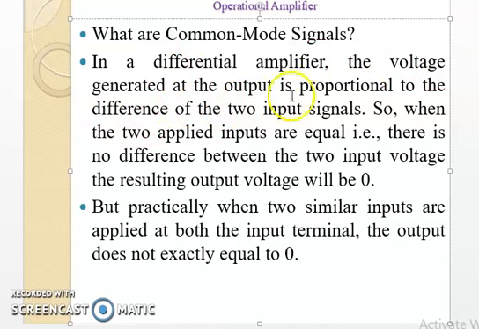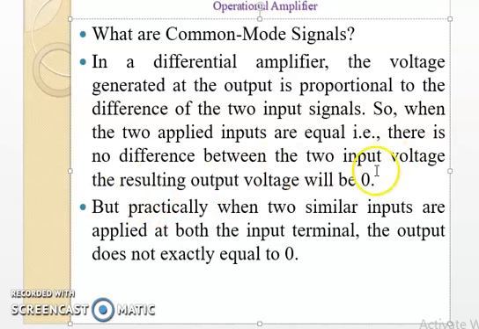See, V1 minus V2 is 0. Already we have seen a formula. V out is equal to what? The relation is V naught is equal to A in bracket V1 minus V2. But here the case is that if both are equal, V1 is equal to V2.